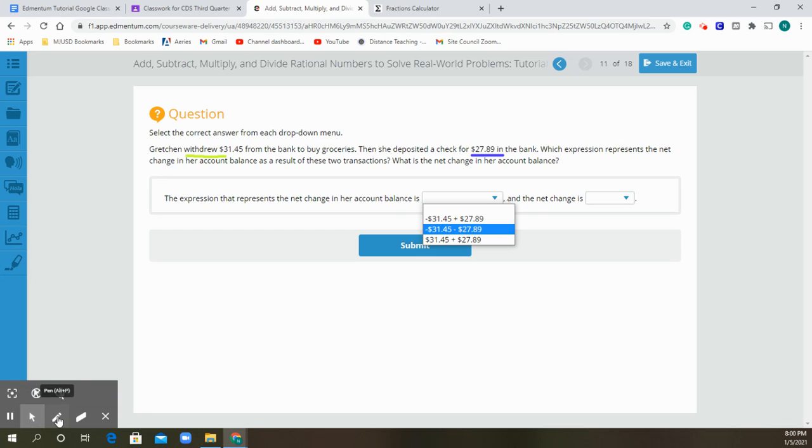So if we do our lines here, I'm going to delete that and go back to this greenish color.